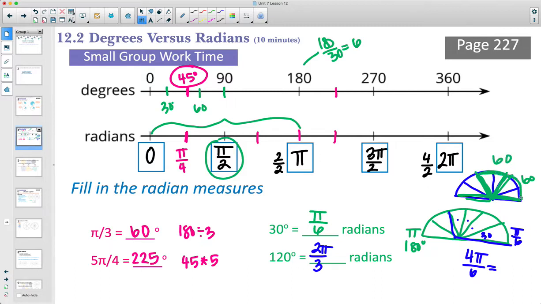Okay, there's 2 of these. And they're 2 pi over 3s. Since this is pi split into 3 chunks, each of these is a pi over 3. And we saw that here as well. So then this would be 2 pi over 3s. So definitely multiple ways to get yourself there. Depends on which one you like and which one feels best to you.